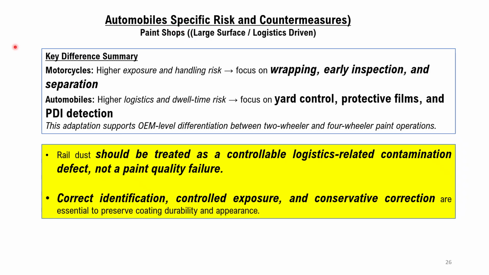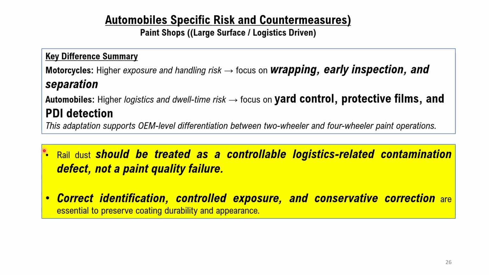With this background, what is the key difference? Motorcycles: higher exposure and handling risk, focus on wrapping, early inspection, and separation. In case of automobiles: higher logistics and dwell time risk, focus on yard control, protective films, and PDI inspection. This adaptation supports OEM-level differentiation between two-wheeler and four-wheeler paint operations.